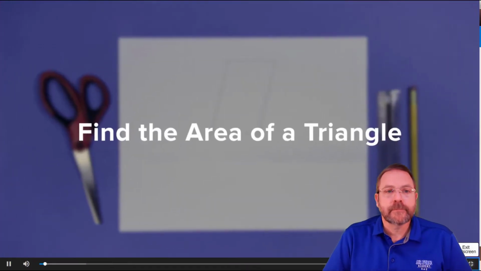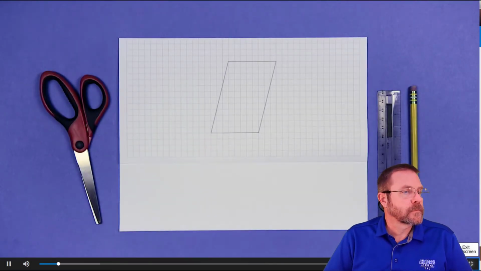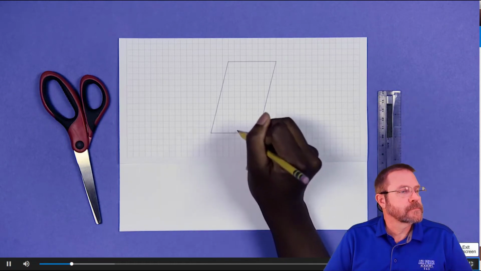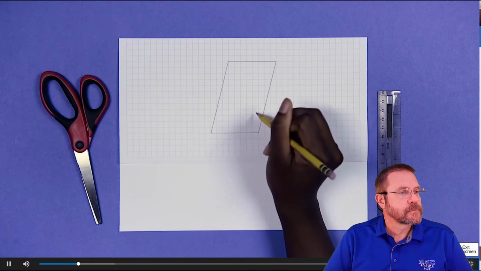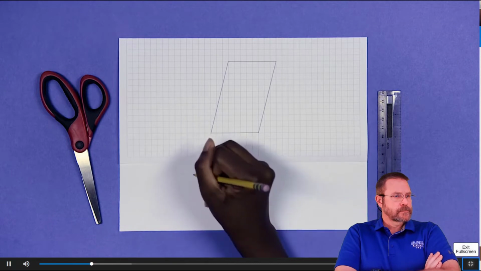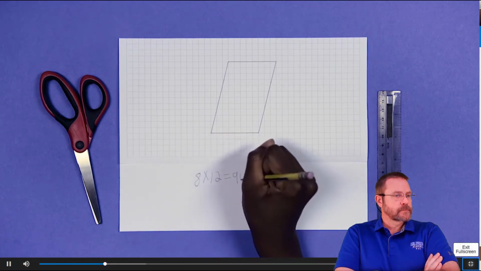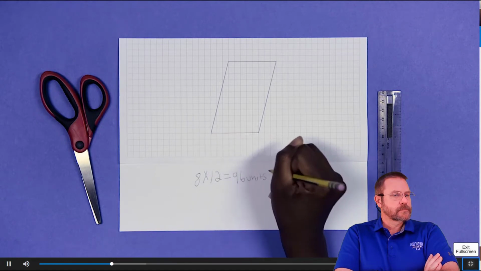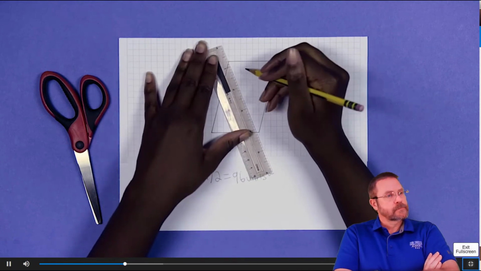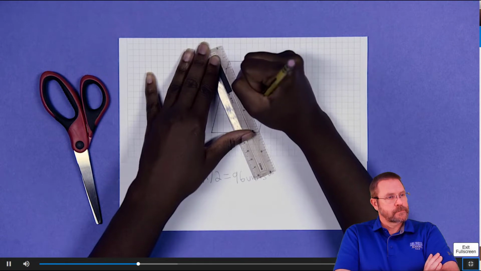Find the area of a triangle. A parallelogram can be used to find the area of a triangle. Calculate the area of the parallelogram by multiplying the base times the height. It has a base of 8 units and a height of 12 units, so the area of the parallelogram is 96 square units. Use a straight edge to draw a diagonal line across the parallelogram to form two congruent triangles.